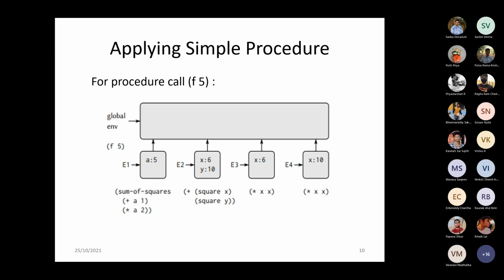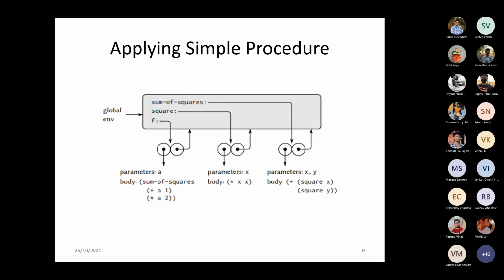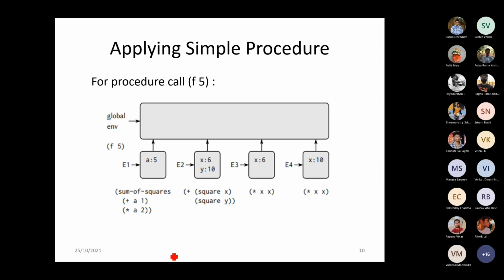When we are saying f of 5, what happens? We are having all these things, and along with all these things, f of 5 means we are having the procedure call happening. Whenever there is a procedure call, we will be creating a new frame, a new environment.